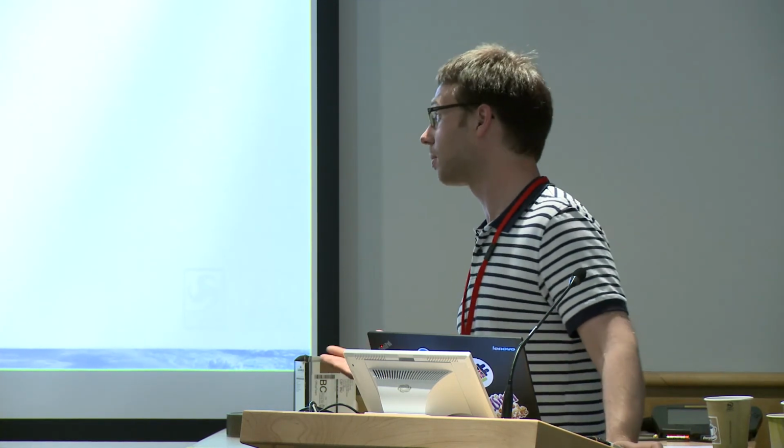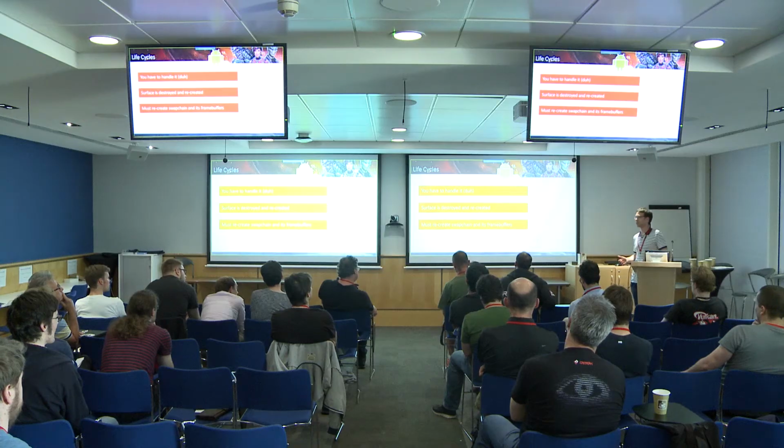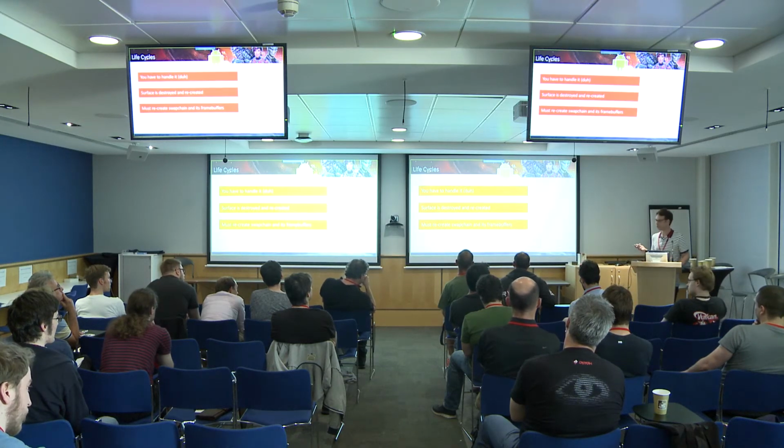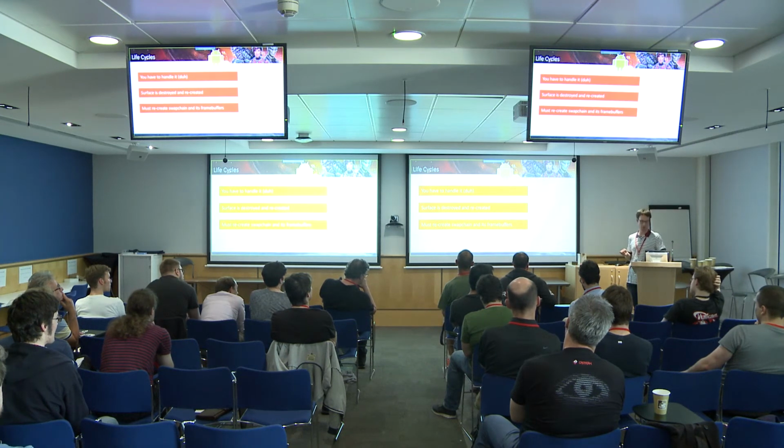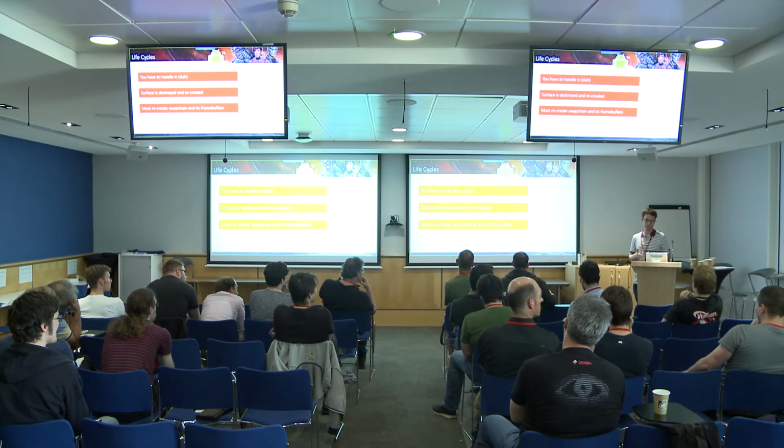So what we found out was that your surface is destroyed in that case, and it is also being recreated. And for Vulkan, that means that you are going to have to recreate your swap chain and all of its frame buffers. But what you cannot do in this case is, when you call vkCreateSwapchainKHR, supply the old swap chain into this function, because that swap chain is already invalid because its surface has been destroyed earlier.